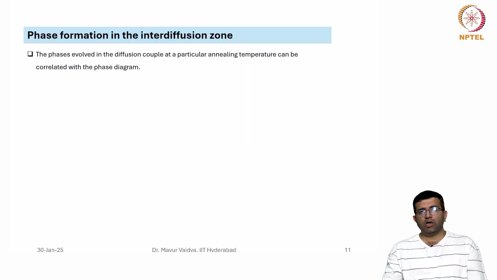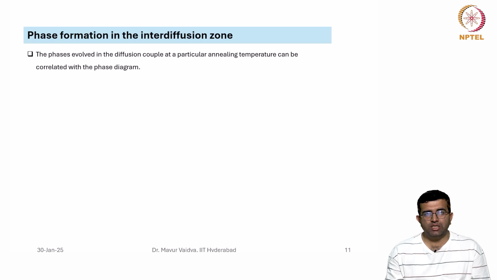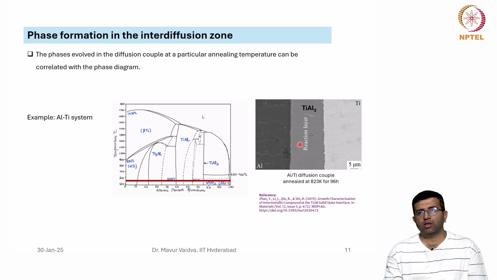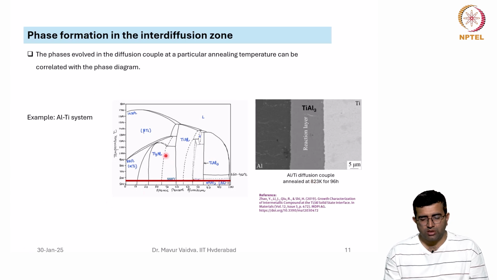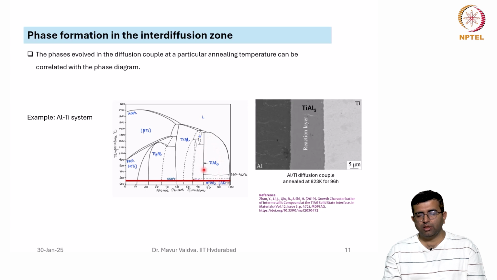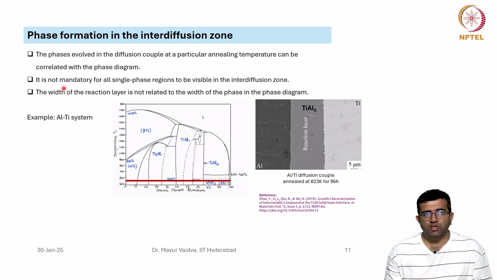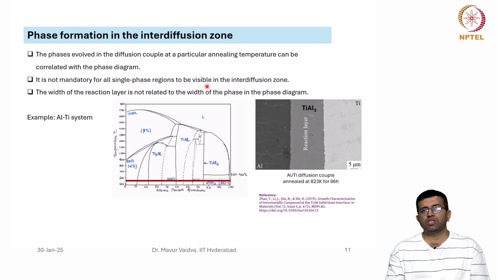We saw some key aspects of phase formation in this interdiffusion zone, that the phases evolved can be correlated with the phase diagram. For example, you see here TiAl3, which is also present in the phase diagram. However, it is not mandatory for all the single phase regions to be visible in the interdiffusion zone.